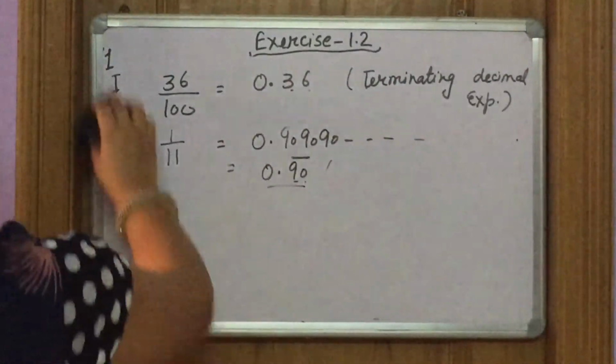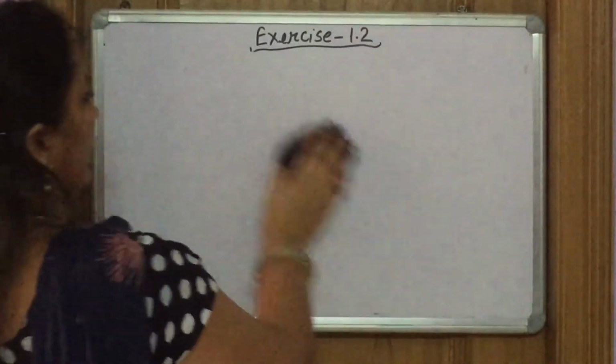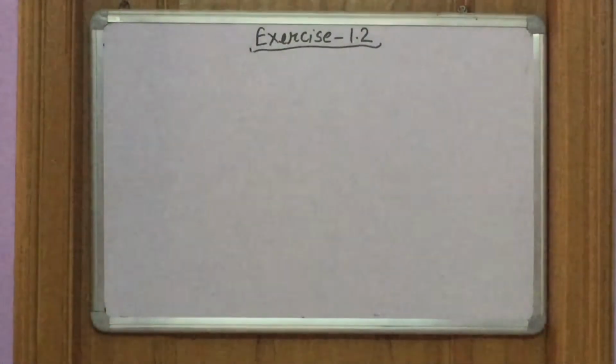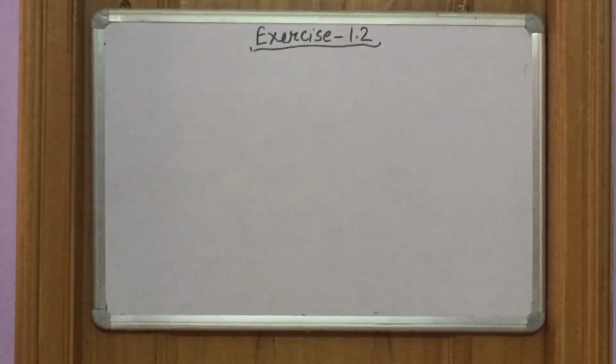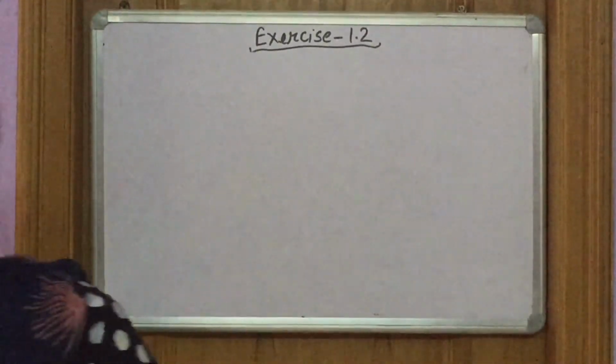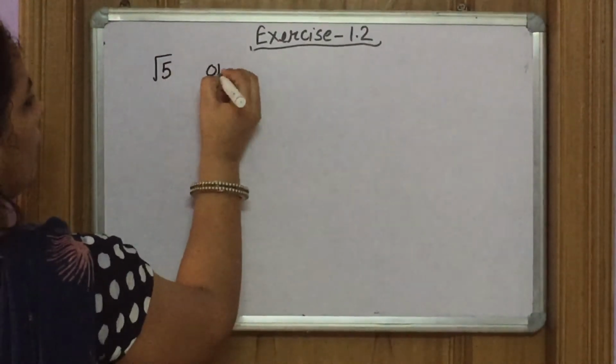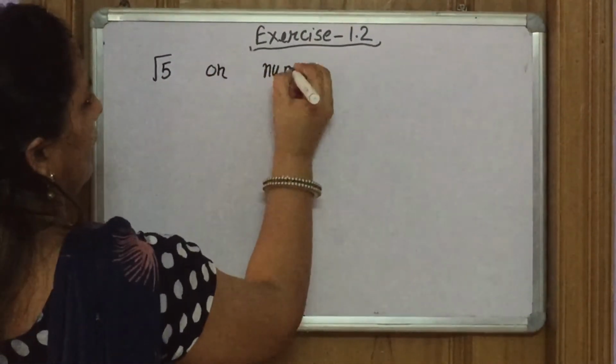Next question is, we have to show a number on a number line. The statement is: show square root of 5 on a number line.